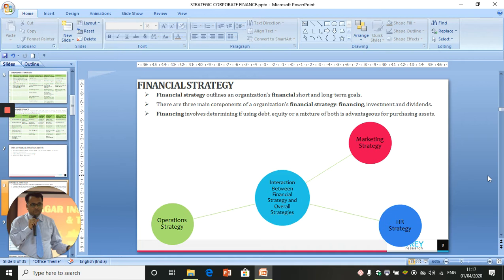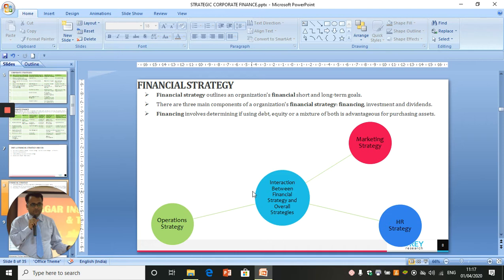Now, interaction between financial strategy and overall strategy: if you look into this, there is marketing strategy, HR strategy, operation strategy, and financial strategy. As I insisted in my last lecture, financial strategy has to do with each and every component of the organization. Finance is the lifeblood of the organization, so it is present everywhere. It is present in marketing, it is present in HR.